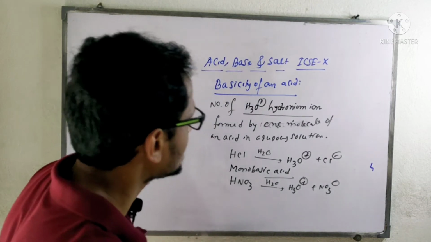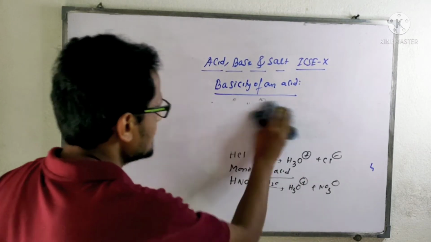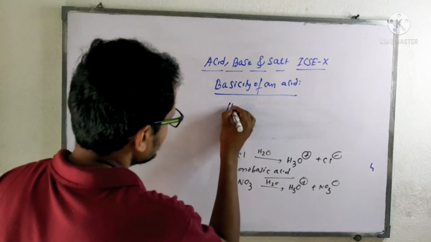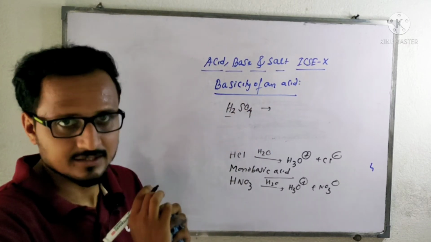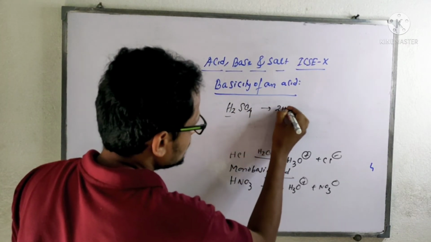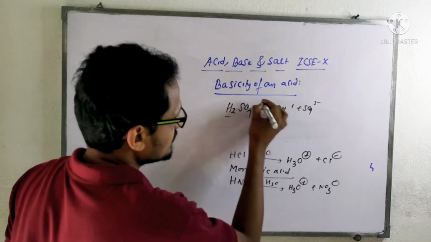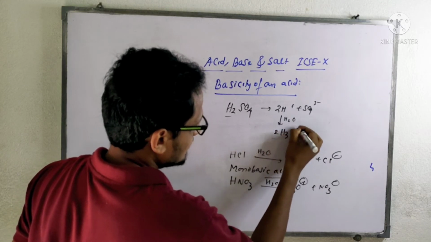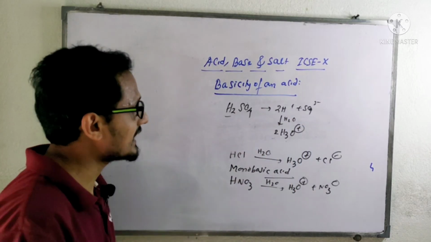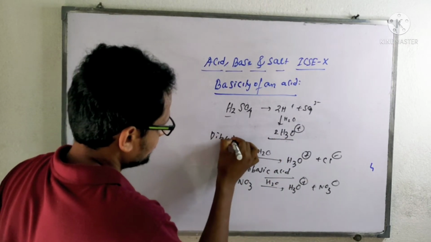Now, dibasic acid: sulfuric acid, H2SO4. Here two hydrogens are there, so it will dissociate into 2H+ and SO4 2-, and these 2H+ combine with H2O to form 2H3O+ ions. That is exact, so it is actually a dibasic acid.